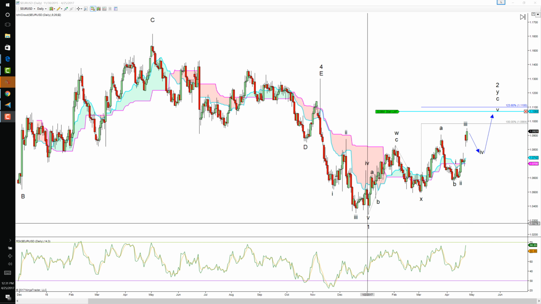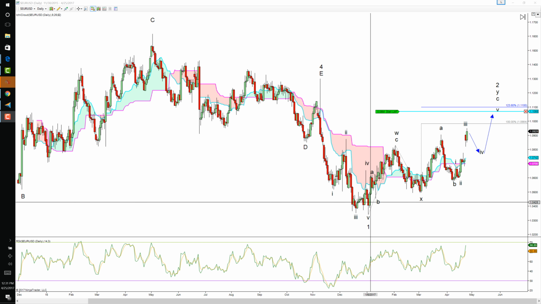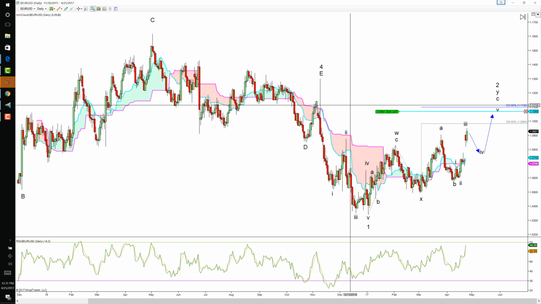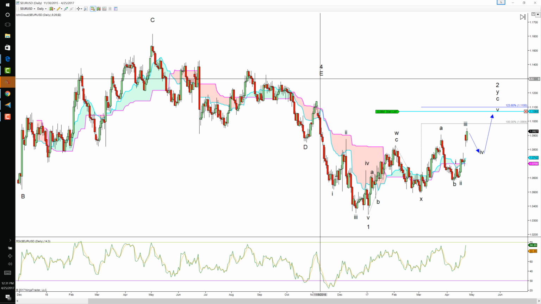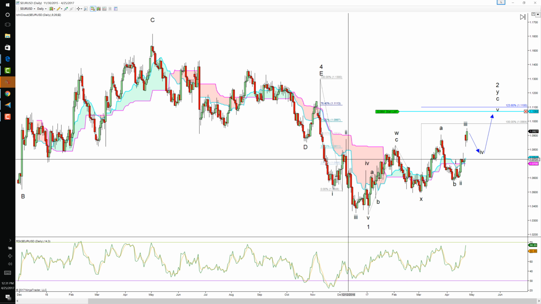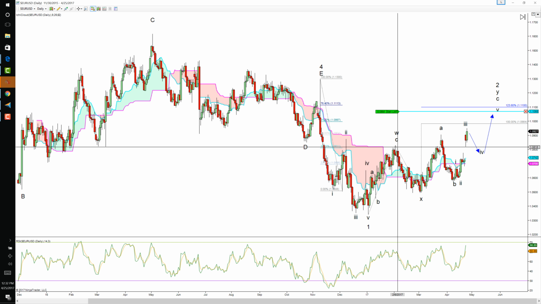Now, if in fact I say that this is the one and not this, now we're talking a whole different ball game. So for example, if I measure from the top, what I basically have as the wave 1, this will be A, this would be B where my 1 is, and now you will see what I have as a leading diagonal.